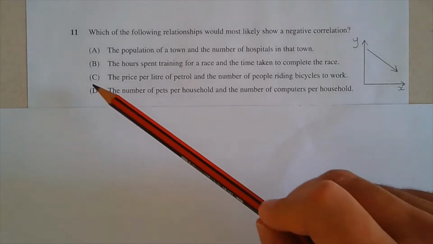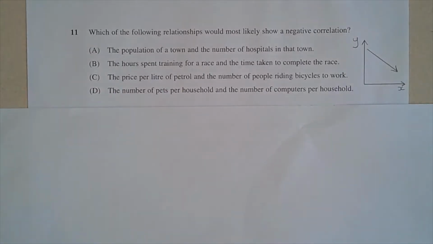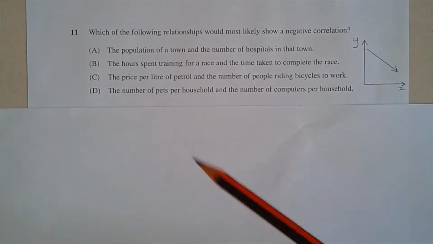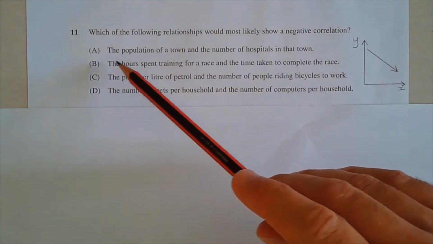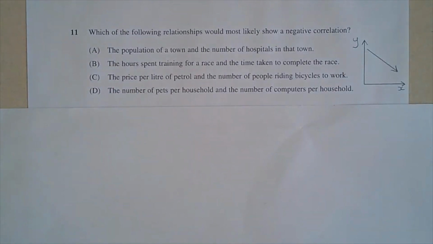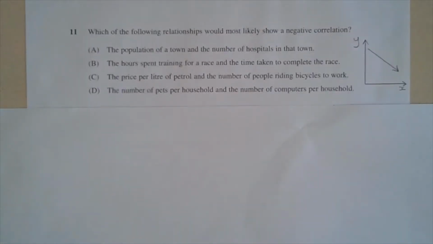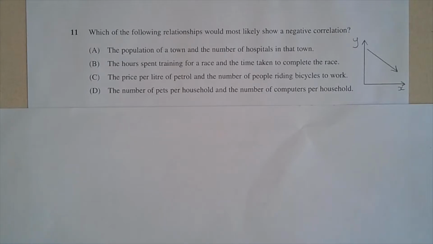So while option C might look like a potential answer, it's not as appropriate as, say, B, where it's a bit more explicit and direct that training for a race and the time taken to complete the race are more correlated, so to speak, than option C, where there are so many other factors that affect the price of petrol.